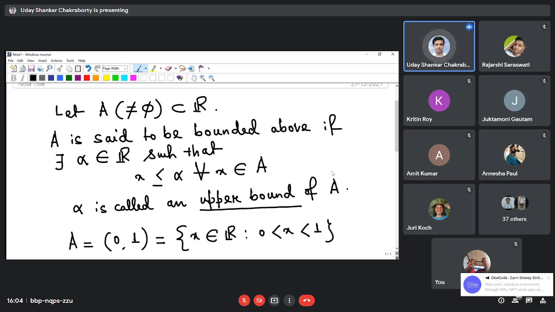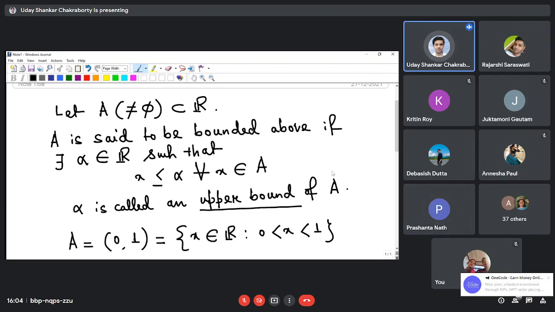Now the question is, a set is bounded above if there is a real number alpha. Follow the definition and tell. If there is a real number alpha such that every element of the set is less than or equal to alpha, then alpha is said to be an upper bound of A. Now, with the help of this definition, is it bounded above? Yes, it is bounded above.